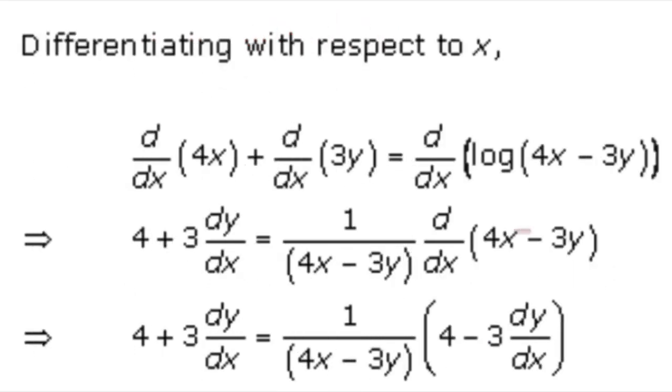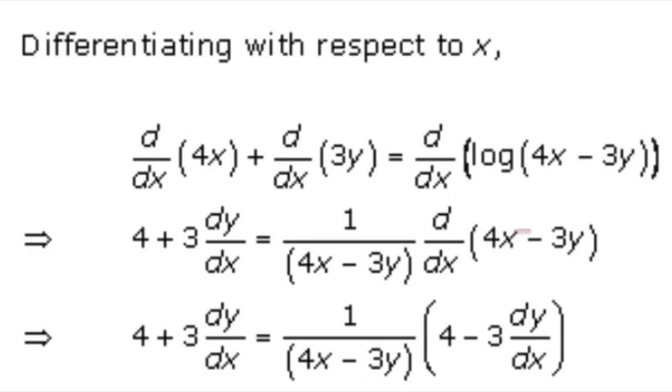Now, we don't have any differentiation in the left hand side, but in the right hand side we have to differentiate 4x minus 3y. So, the derivative of 4x will be 4 and the derivative of 3y will be 3 into dy upon dx.